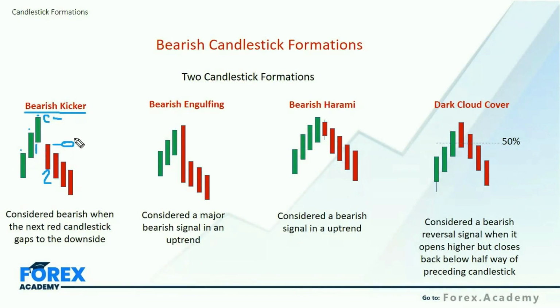That is quite significant and quite bearish in its own right, and off the back of that, you're very likely to see continuation of prices pushing lower. So it's considered bearish when the next red candlestick gaps to the downside. It's the fact that we're experiencing a gap, and the nature of this second candlestick is red in color and quite bearish, meaning we're very likely to see price action squeezing lower.